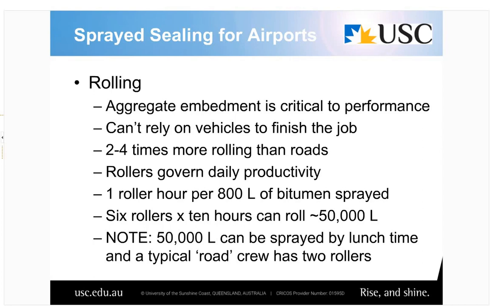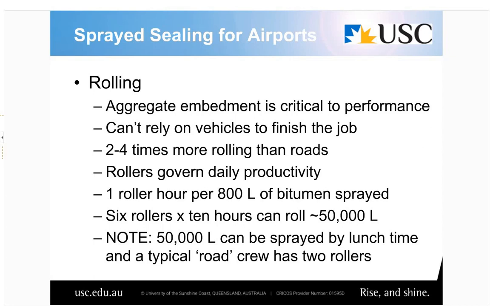It said 1 roller hour per 500 litres of sprayed bitumen, which is actually about 50% more than the current generations are specifying, which is 1 roller hour per 800 litres. So you can spray more bitumen for the same number of rollers. When you calculate that out, 6 rollers times 10 hours a day, assuming that they don't stop from the start of the work to the finish of the work, gives you about 50,000 litres of bitumen.